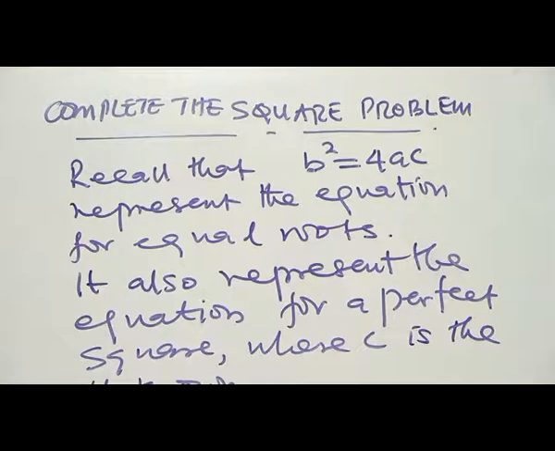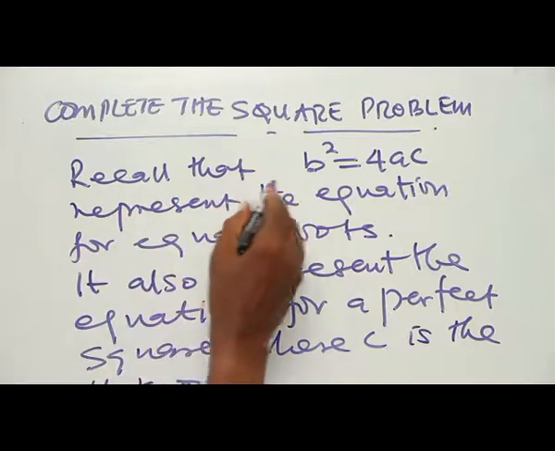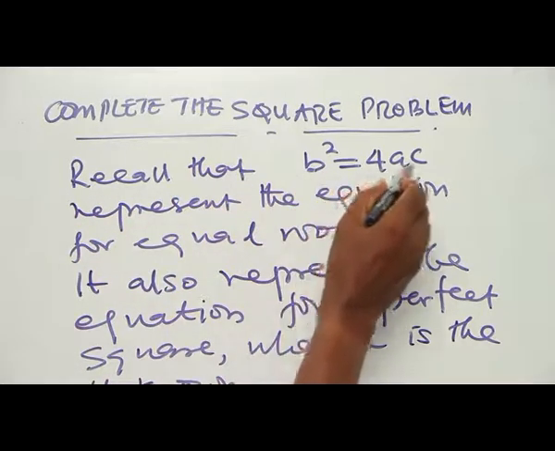There's a concept here I want us to have an understanding on before we continue. It's called the complete the square problem. To complete the square, we use a formula. We recall that formula is b squared equal to 4ac.